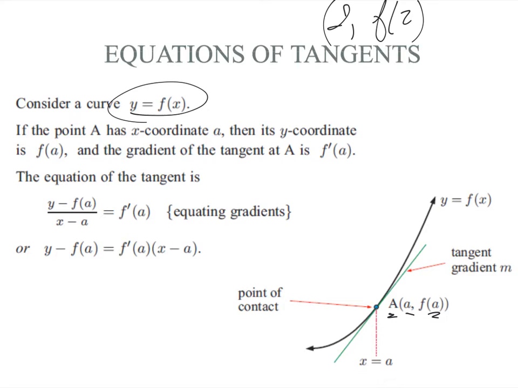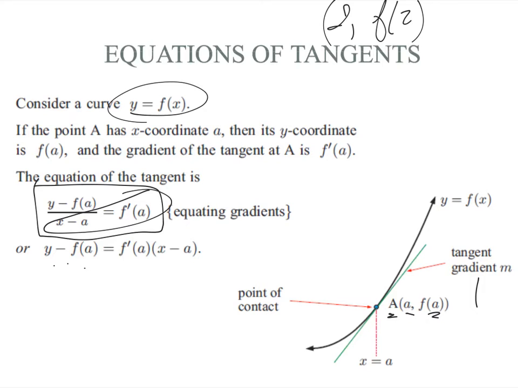And the gradient of the tangent at A is the derivative at A. So the equation of the tangent then becomes (y minus f of A) over (x minus A) is equal to the derivative at A, or we can rewrite that by cross multiplying as y minus f of A equals the derivative f prime of A times (x minus A).